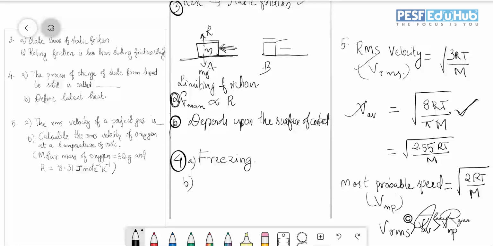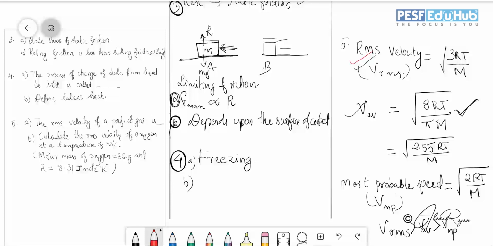So here you already have the equations. You are asked to find VRMS, and you have the equation root 3RT by M. You have the value of R, you have the value of T, and here T is the absolute temperature.